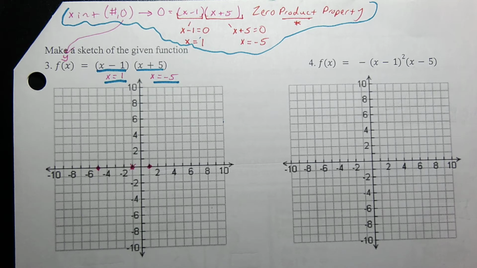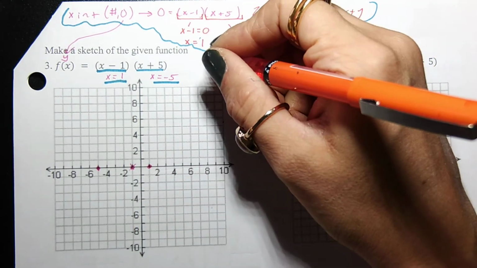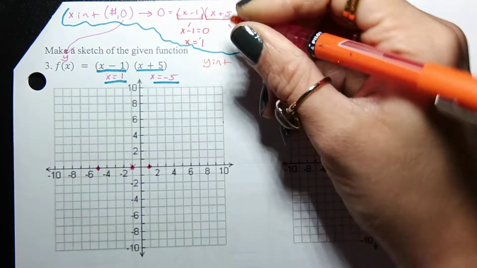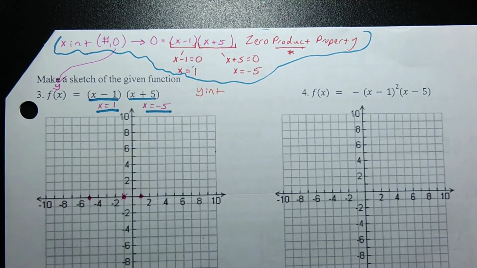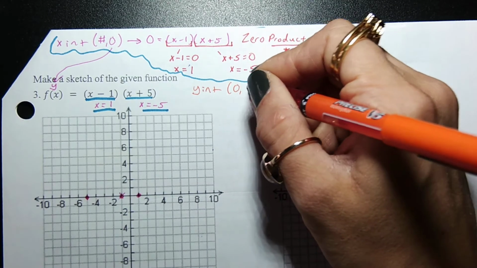What about the y-intercept? We don't normally care about the y-intercept when we're solving, but it is an easy point that we can sometimes graph. So let's see if we can find the y-intercept. And if my x-intercept is a number and 0, then my y-intercept is 0 and a number.